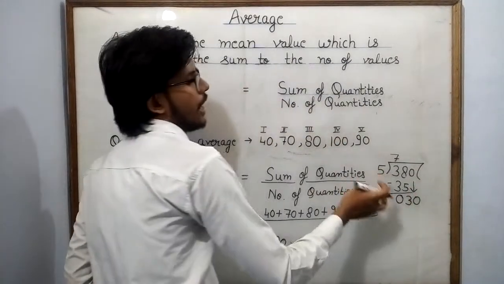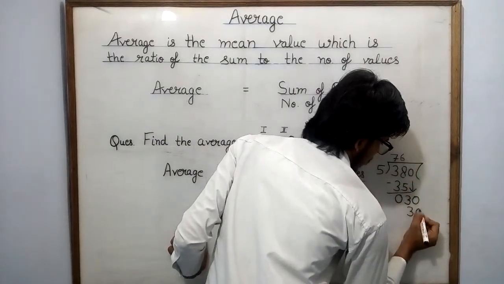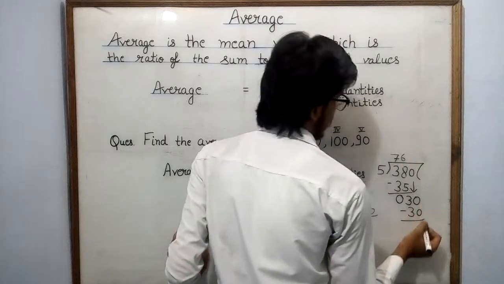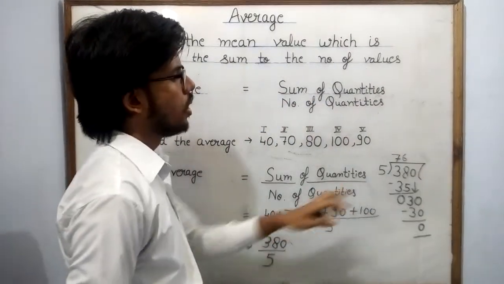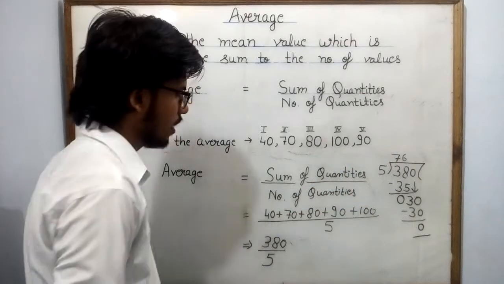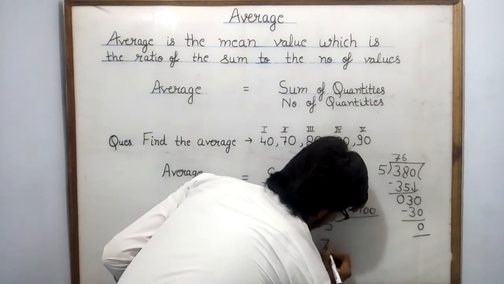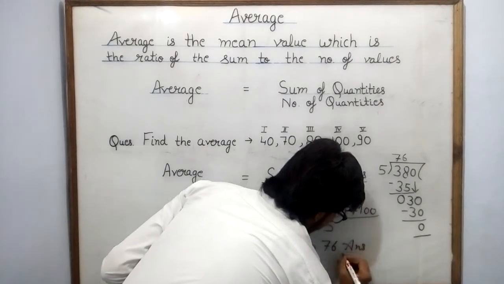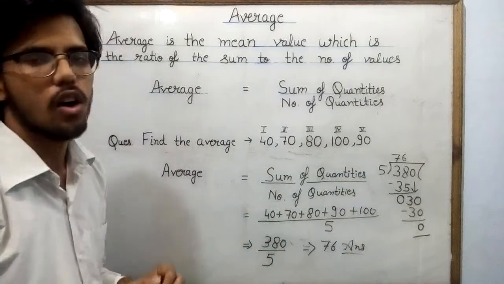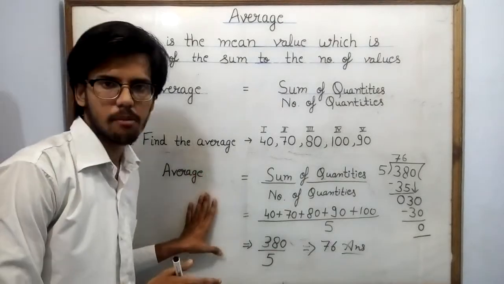Now 5 times 6 is 30, and when we subtract 30 minus 30, it gives us 0. So the quotient that we get is our average. So 76 will be our average. I hope you are clear with the first example.